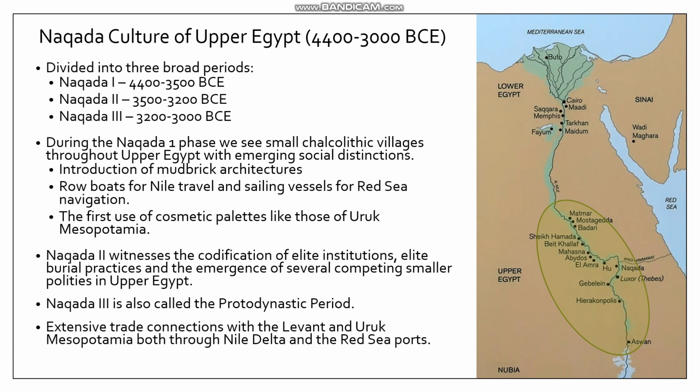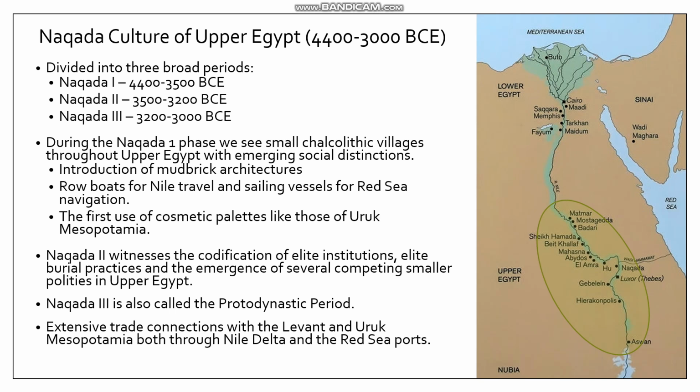And now in the Naqada II, we can see this as those small scale elite institutions are finally put into place. We have people who are controlling most of the economic produce of society and redistributing it, likely by controlling religious ceremony. So we have these elite institutions, elite burial practices, the earliest necropolises and royal burials of Egypt, all show up here in the Naqada II, beginning sometime around 3500 BCE.